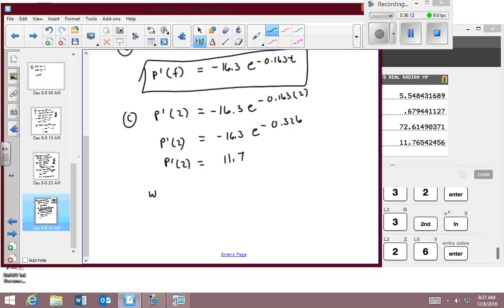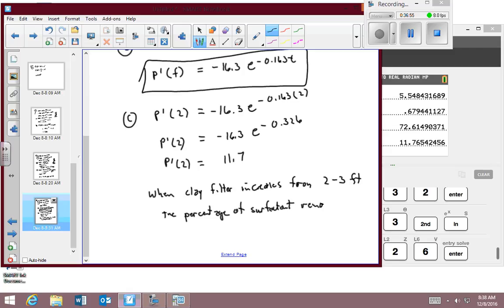So when the clay filter increases from 2 to 3 feet, the percentage of surfactant removed increases by 11.7%. That's what that's saying.